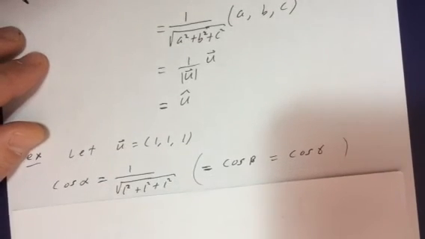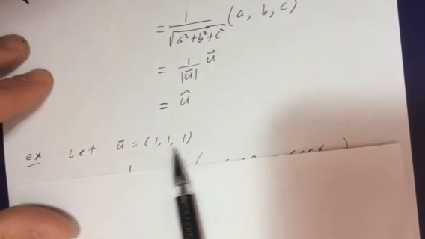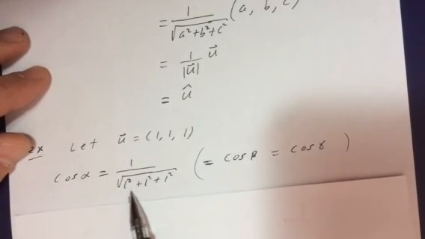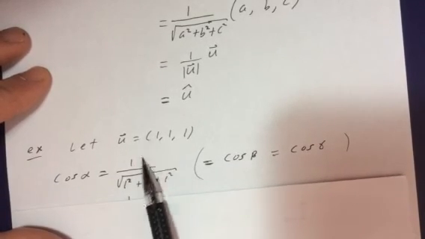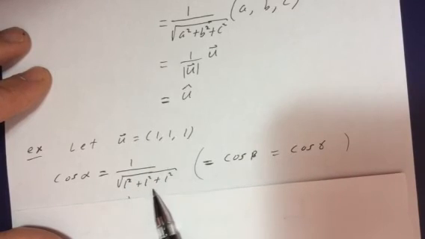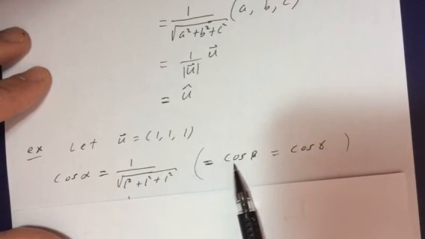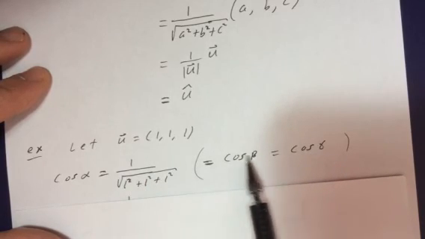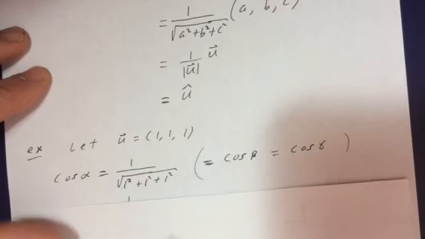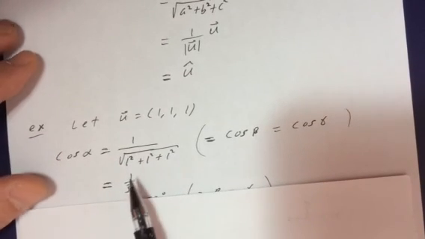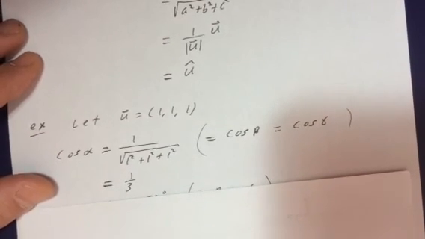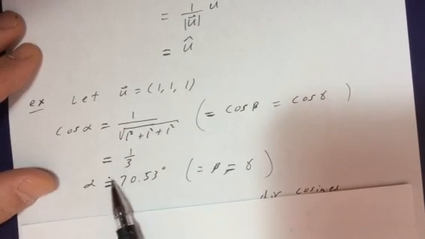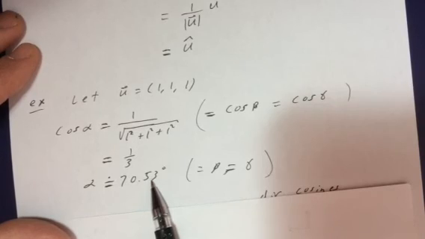And an example here. Let 1, 1, 1 be vector u. Well, cos alpha equals a, which is 1, over the magnitude of that vector. It also equals cos beta and cos gamma because the coordinates are the same. So we get 1 over root 3 is cos alpha, and if we do cos inverse of that, we get 54.74 degrees.